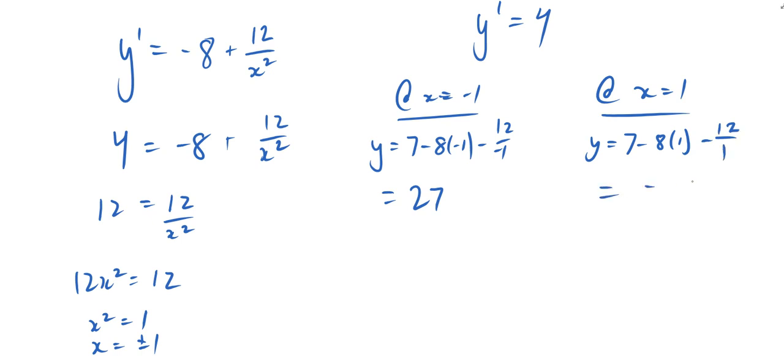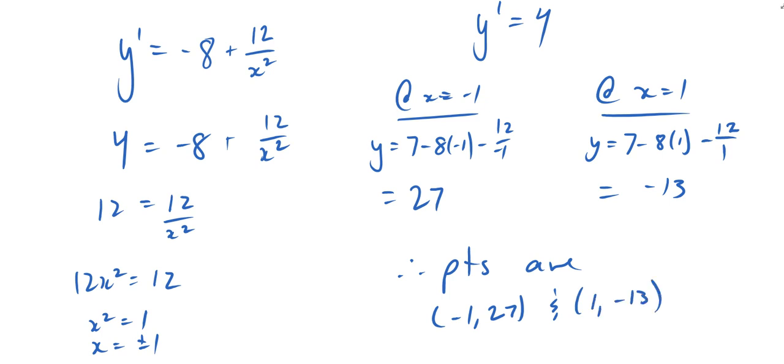And I think this one works out to negative 13. Therefore, the points are negative 1, 27, and 1, negative 13. Any questions?